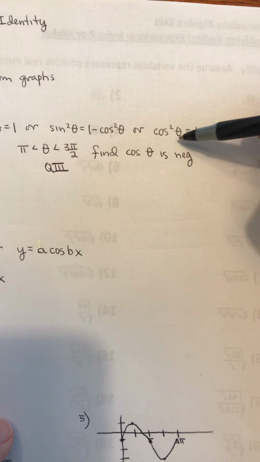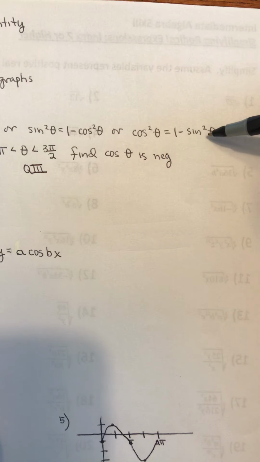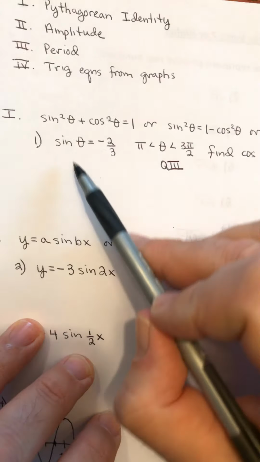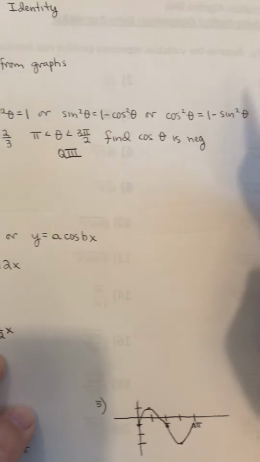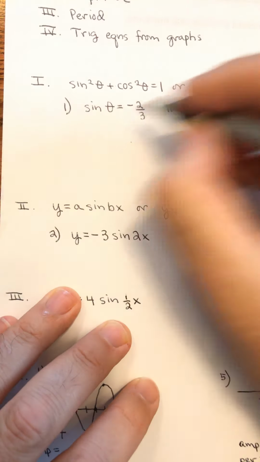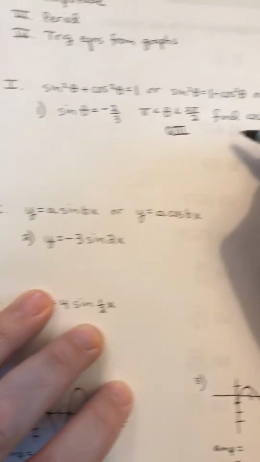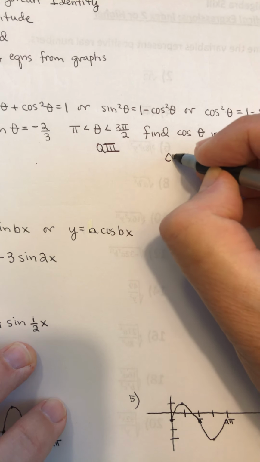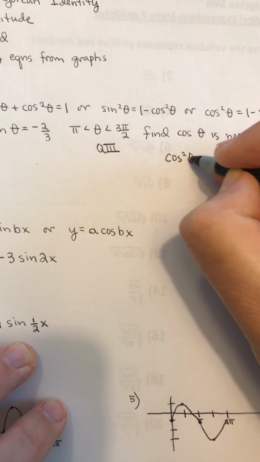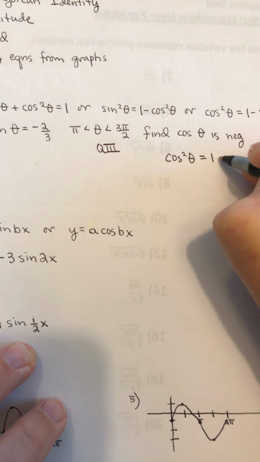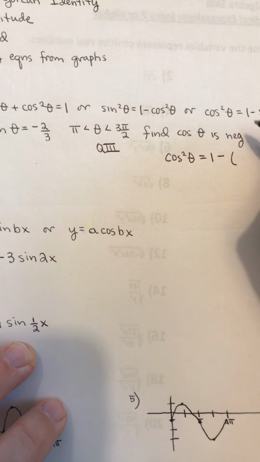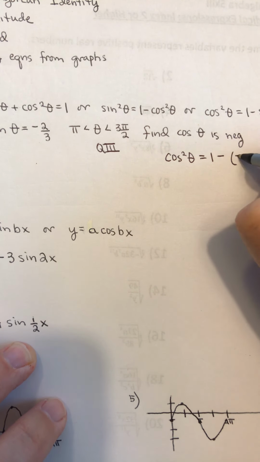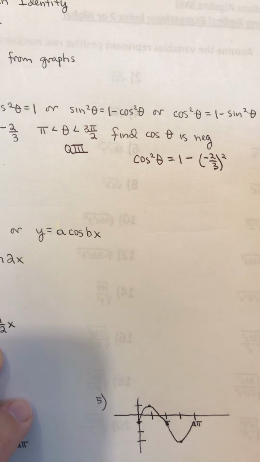And I'm going to just substitute into this equation. I'm going to replace the sine with negative 2/3, and I'm going to square that. Cosine squared of theta is going to equal 1 minus the sine squared. Sine was negative 2/3, and I square that.